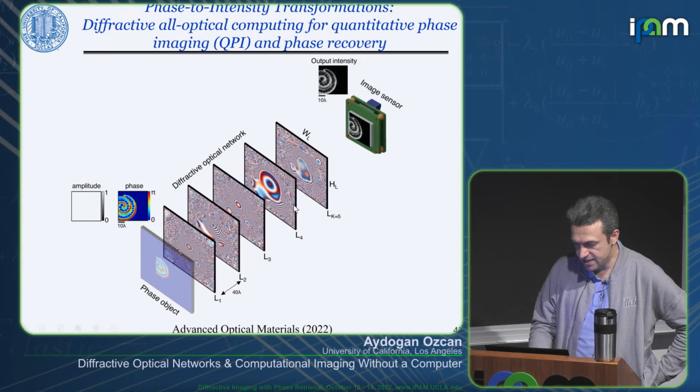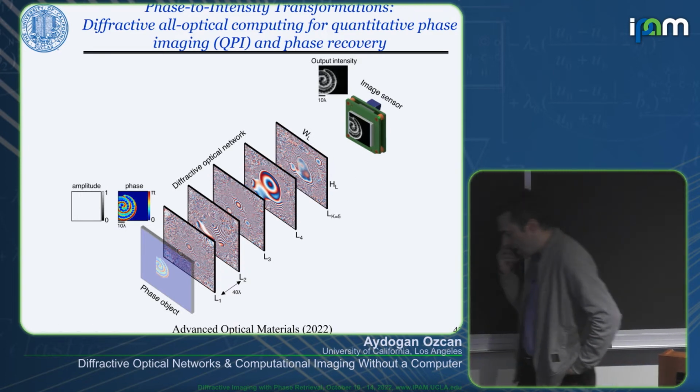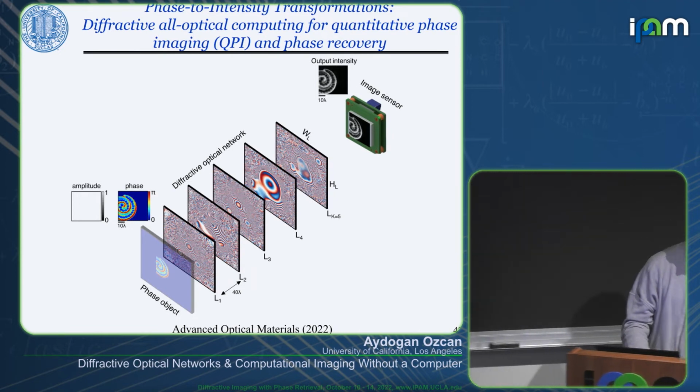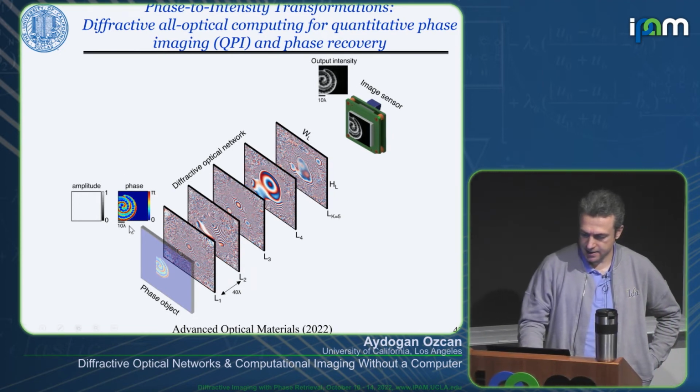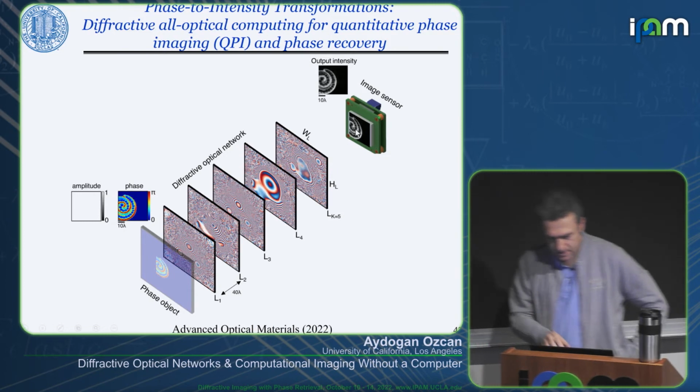So this is a network that does phase to intensity transformation, and while doing so, it preserves the quantitative nature of phase, which means the 0 to pi color bar here is going to be converted to quantitative intensity information at the output.